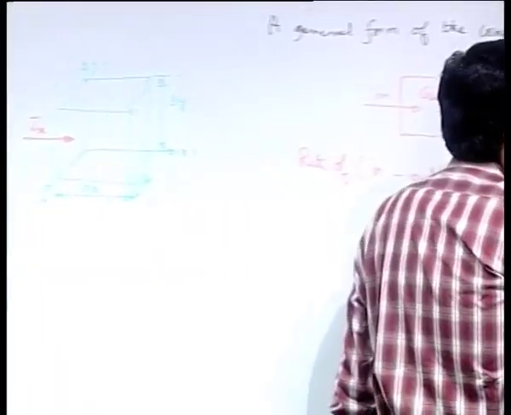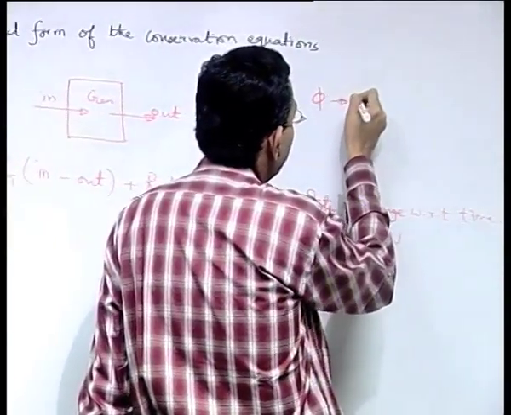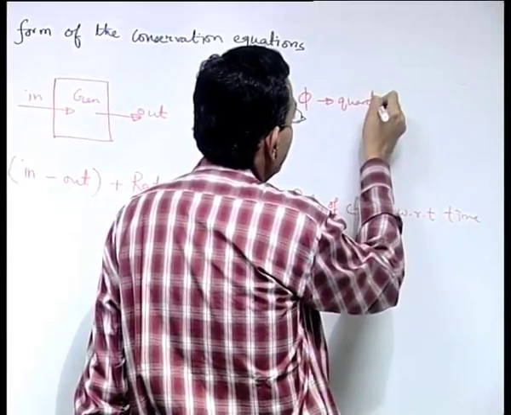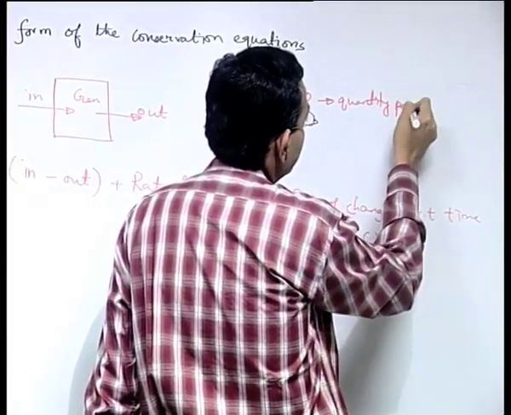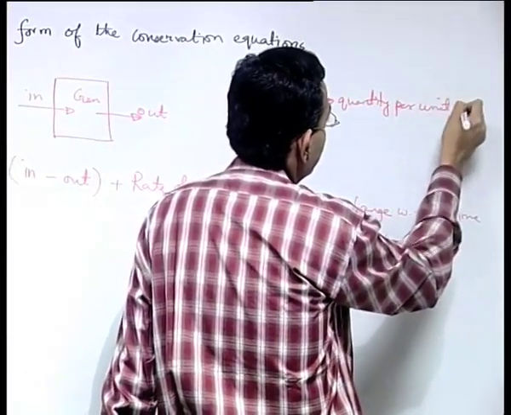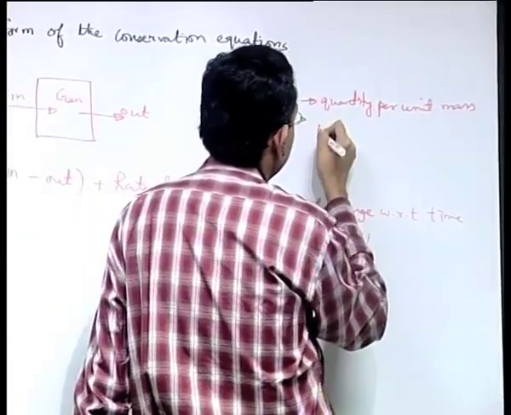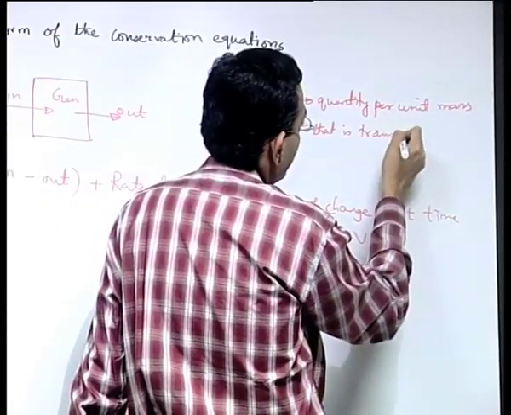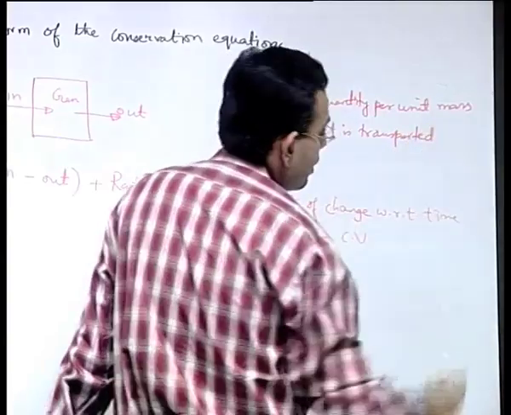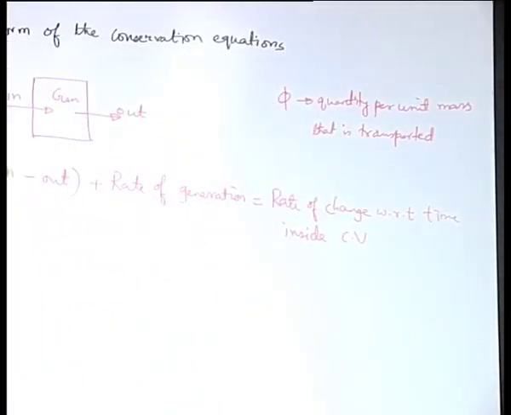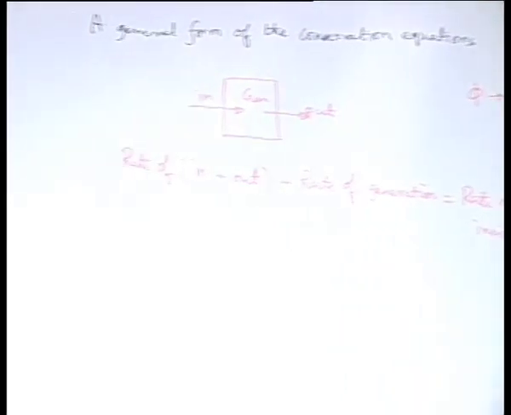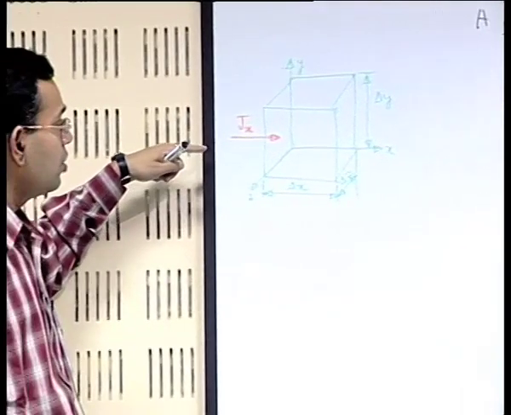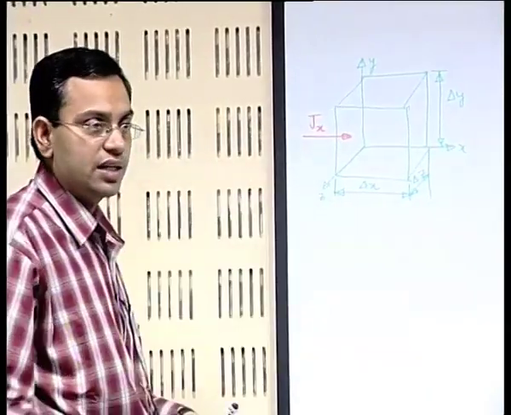Let us say that phi is the quantity per unit mass that is transported, and J represents the flux of that quantity. So, Jx, with subscript x, indicates that it is a flux along the x direction.